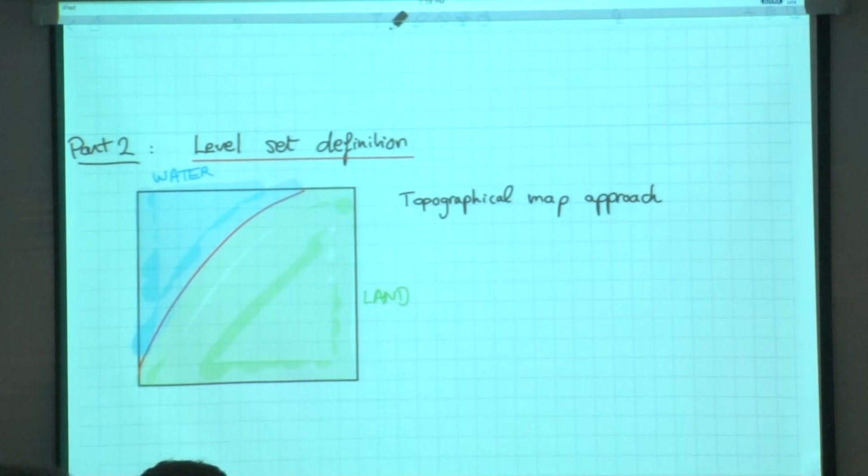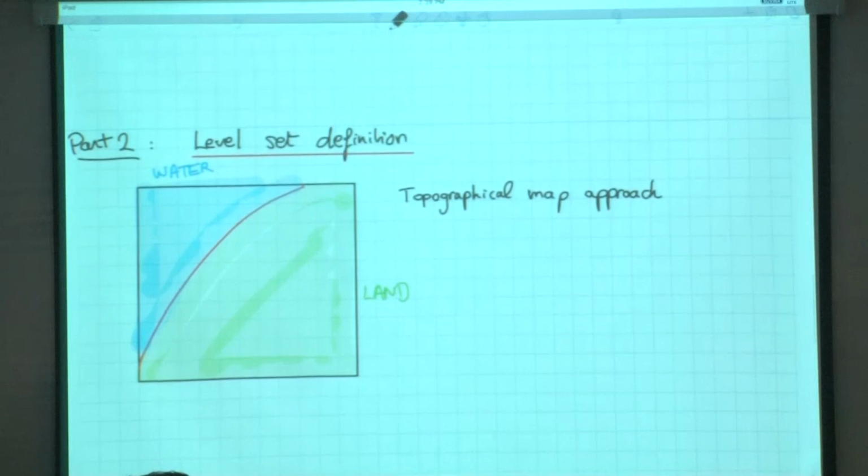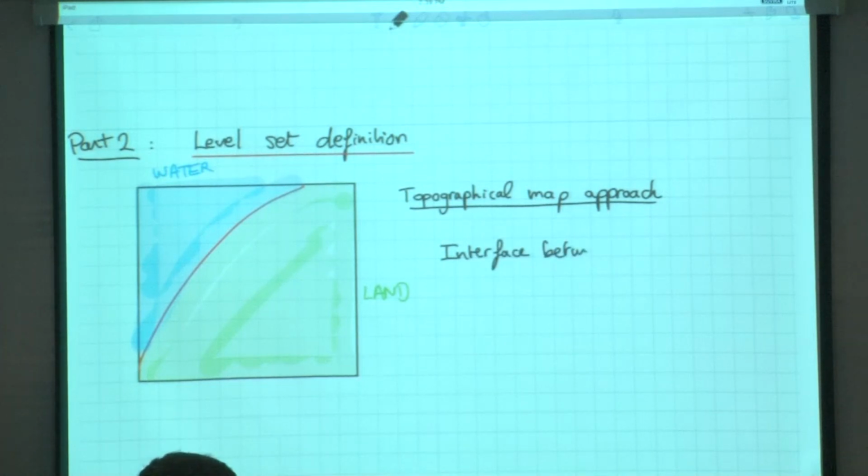So if we want to find the interface, in our example, between water and land, it's simple.